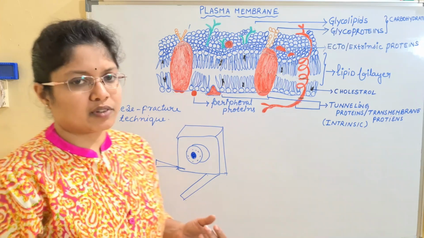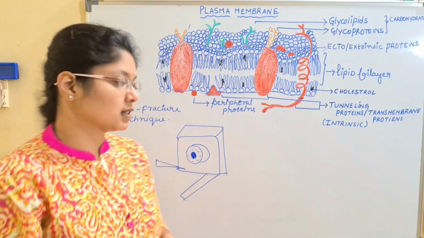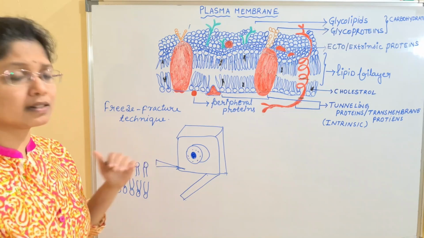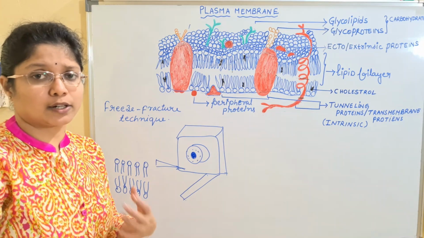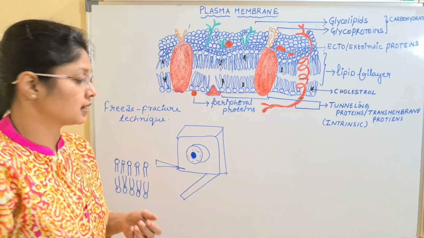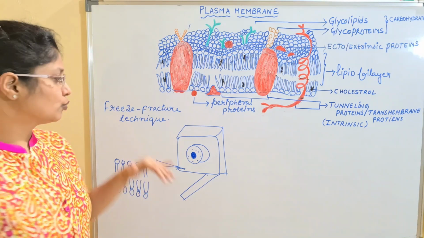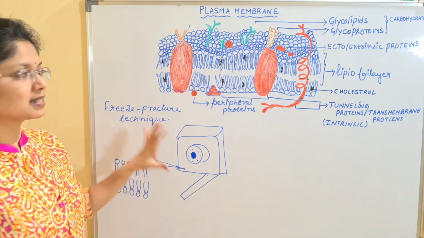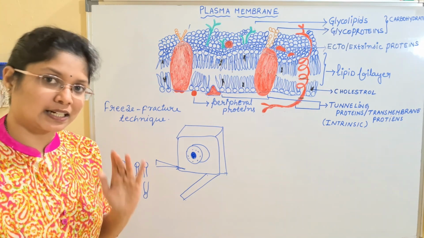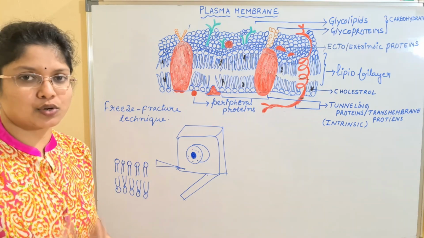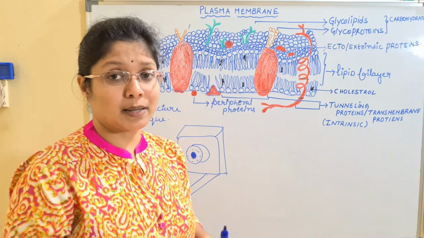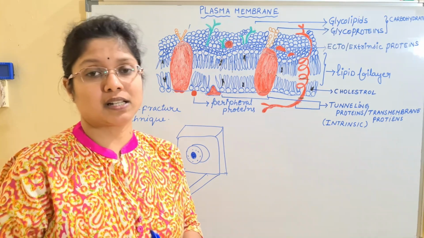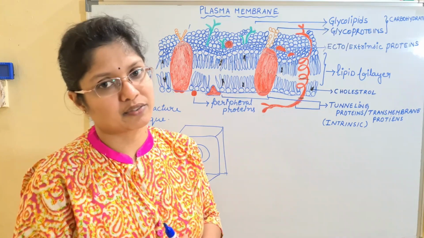We have different types of techniques, but this is one of the best used to isolate or study the membranes. So this is regarding the freeze fracture technique. Okay, now let us see how these lipid molecules will appear in the electron microscope. What is their structure, what is their nature, what type of chemical groups are present in these lipid molecules, that we will study.